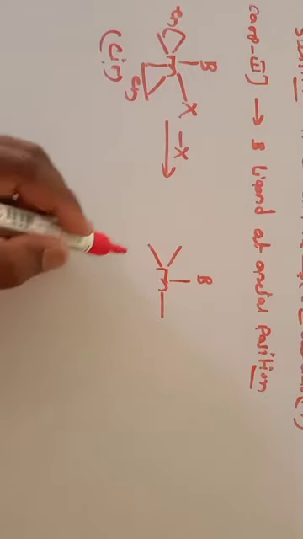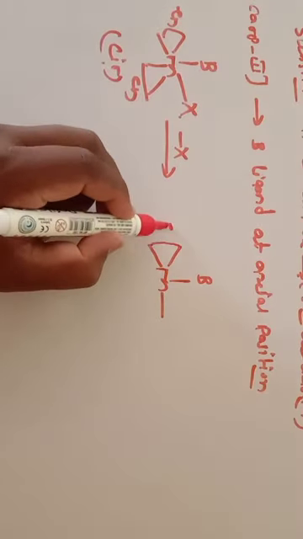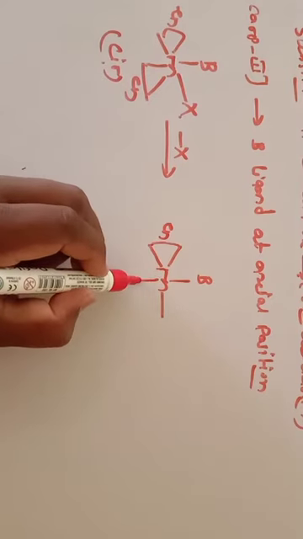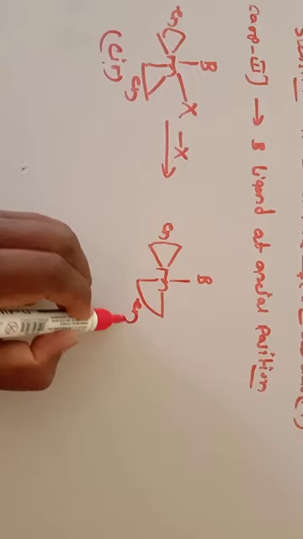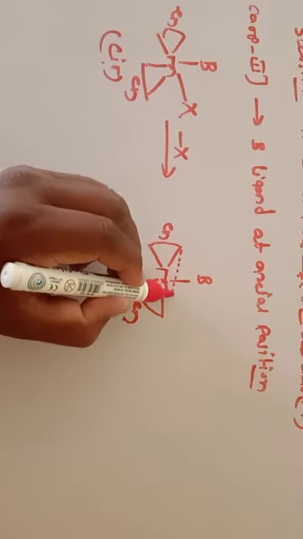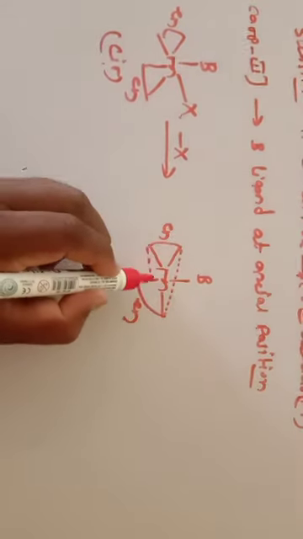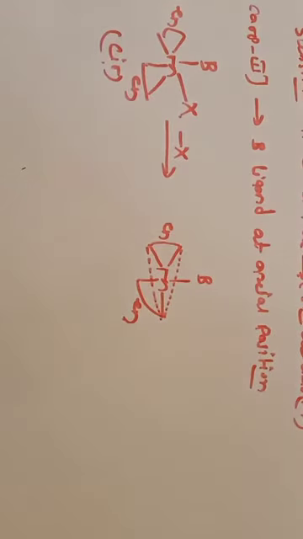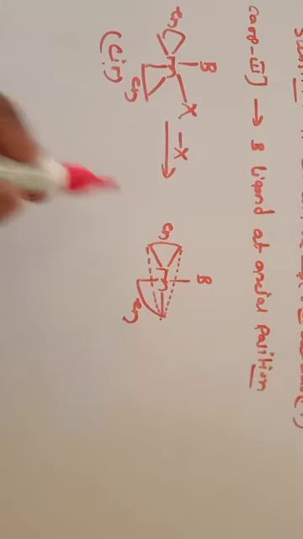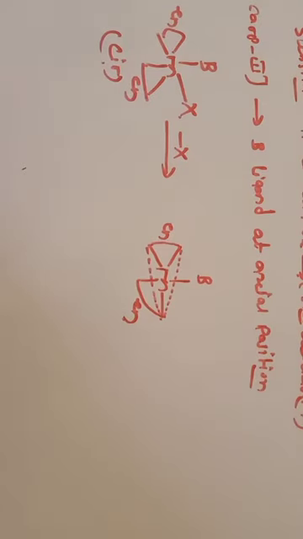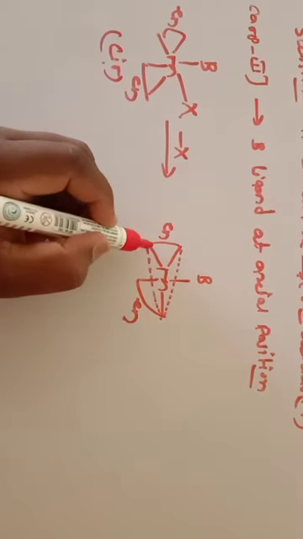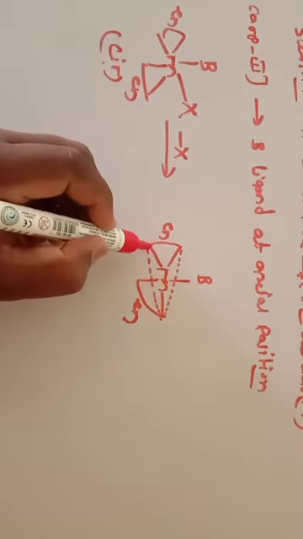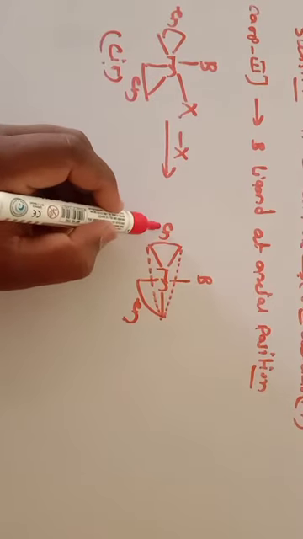So this is your M, this is your B, and we get this trigonal plane. And this is your en, and this is your en, and this is the plane. So in this case we do not get a triangle because one side of the trigonal plane is occupied by this ethylenediamine.